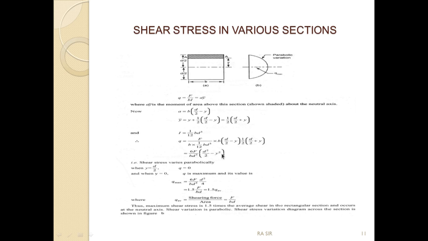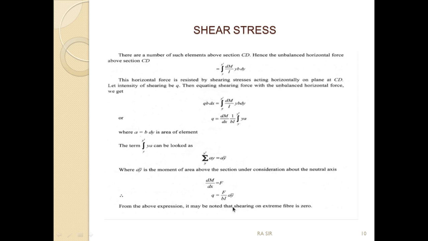Now this equation is parabolic in nature, as we can see from the equation itself. At y equals d by 2, which is known as the boundary condition, we put the value y equals d by 2 and it gives q equals 0. This gives rise again to the initial statement that the shearing stress at the extreme fiber is 0.